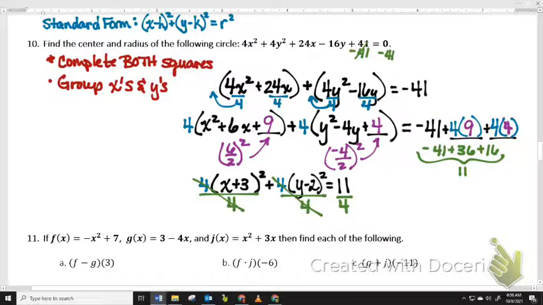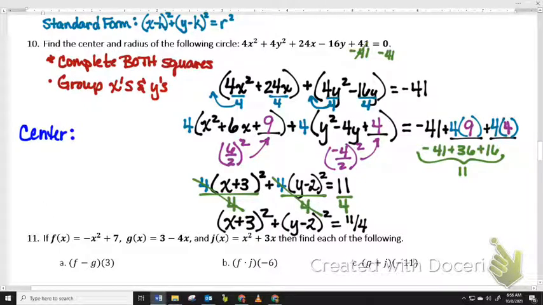So I end up with x plus 3 squared plus y minus 2 squared equals 11 over 4. Where is the center? Negative 3, positive 2, right?